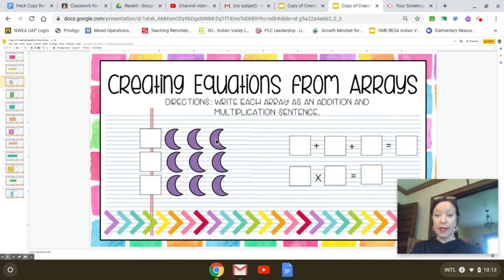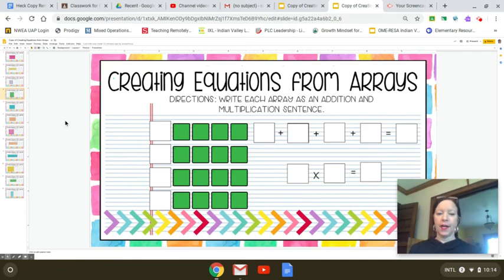So if I look at repeated addition, I'm going to say it's 3 plus 3, which equals 6, plus 3 more, that equals 9. Or I can say 3 times 3 equals 9. And I could write that equation in my box.